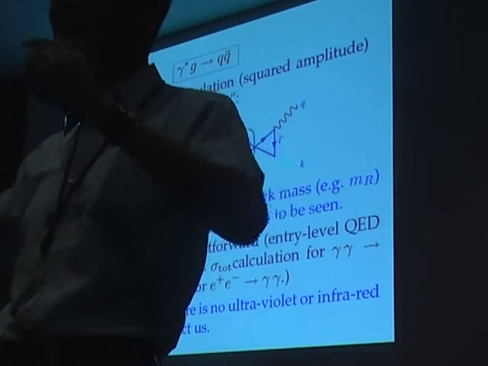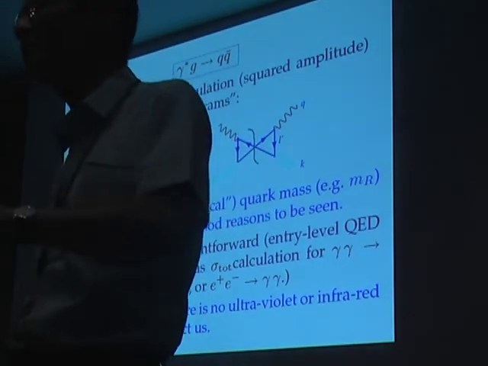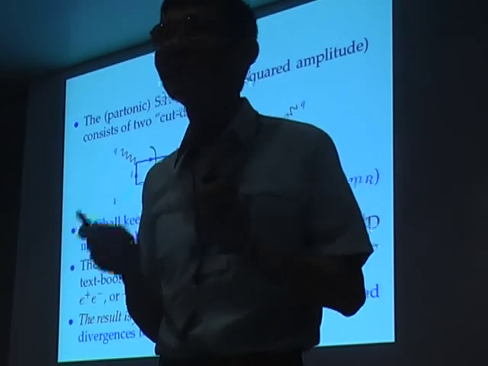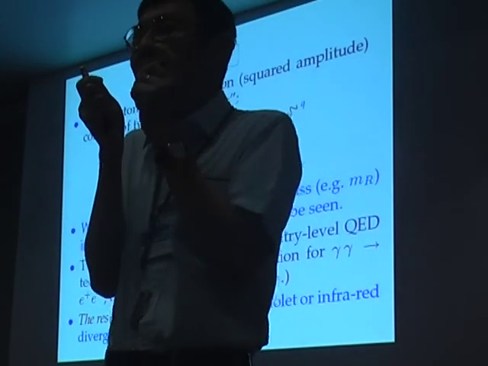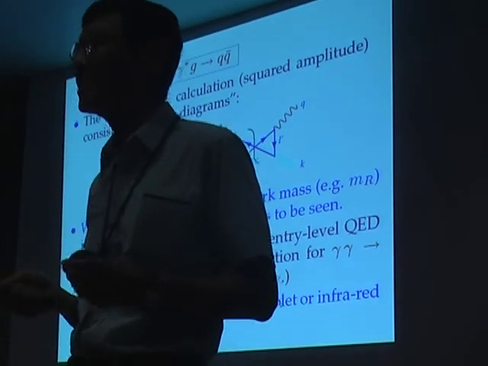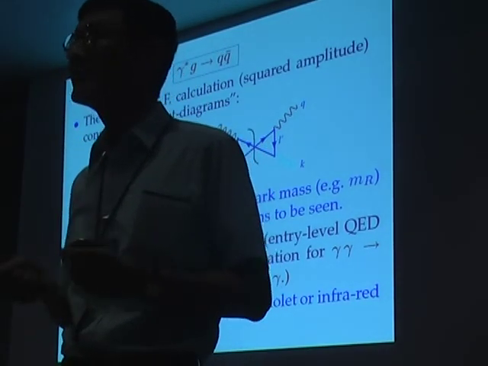In any proof that you see in textbooks, you first set the mass equal to zero, then prove the factorization theorem, giving you the impression that setting the mass equal to zero is a crucial ingredient of the factorization theorem. In fact, that's not true.